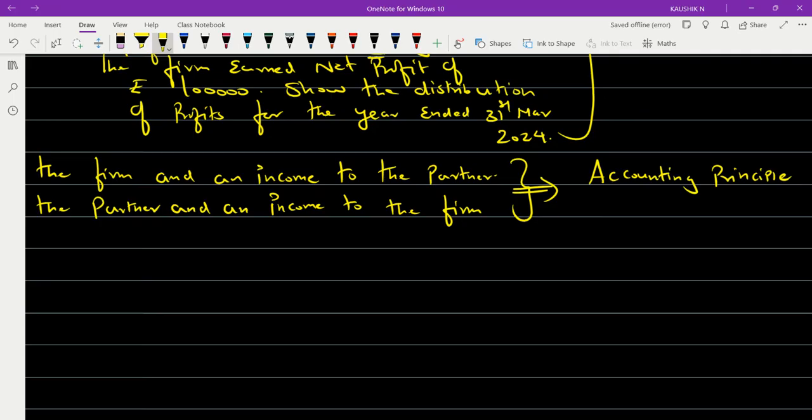On which accounting principle will these two concepts fit? Which accounting concepts can we fit this into? You remember the accounting principles and concepts, right? Just think about it and let me know which accounting principle is being highlighted in this particular context.